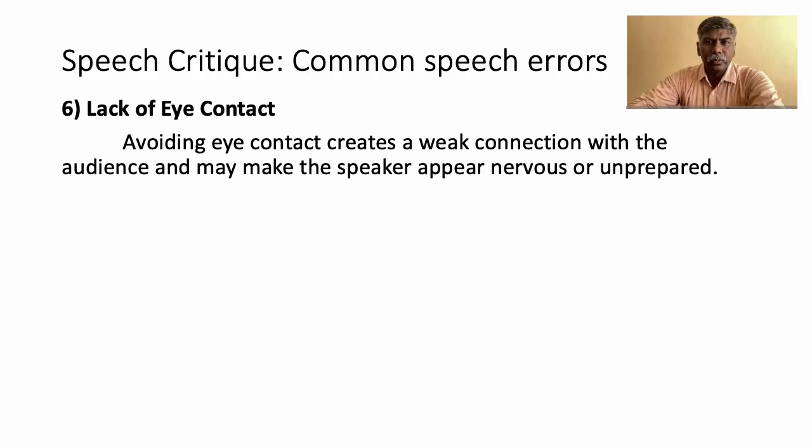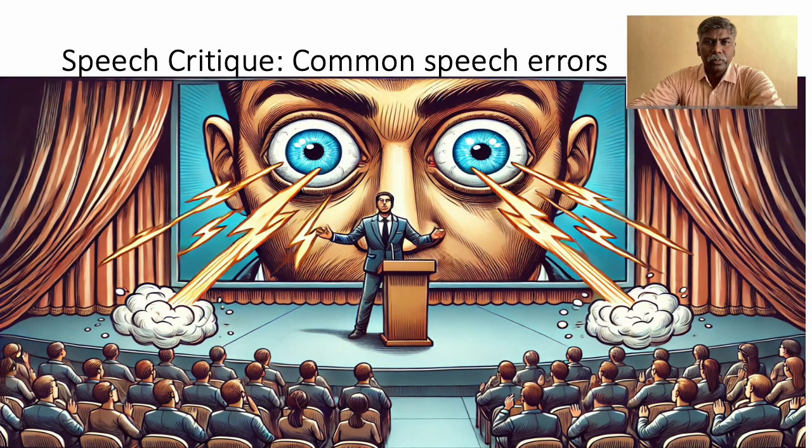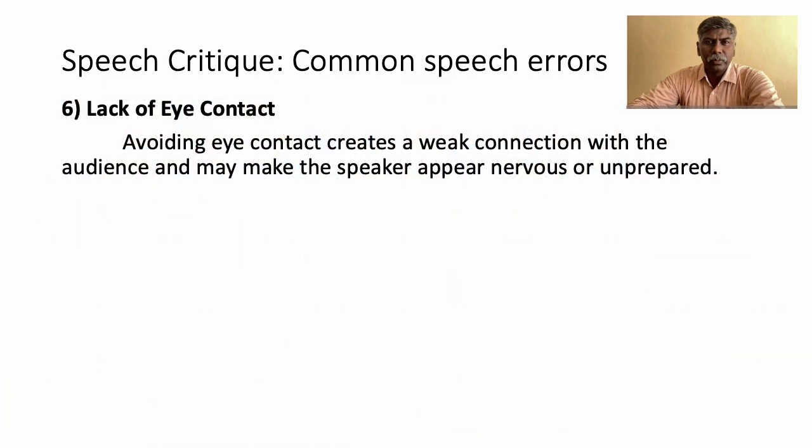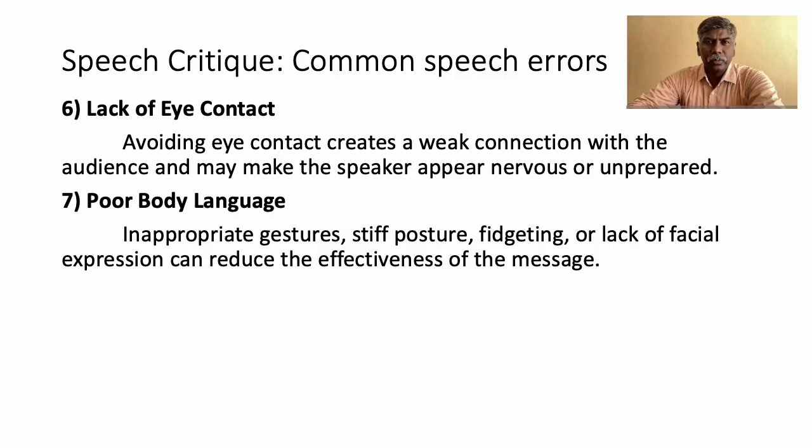Next, lack of eye contact. Already we discussed many points related to this, right? A speaker should look in all directions. Usually, people say to the end, then the beginning, and to this corner, and to this corner. So that's the way eye contact should be. And poor body language.